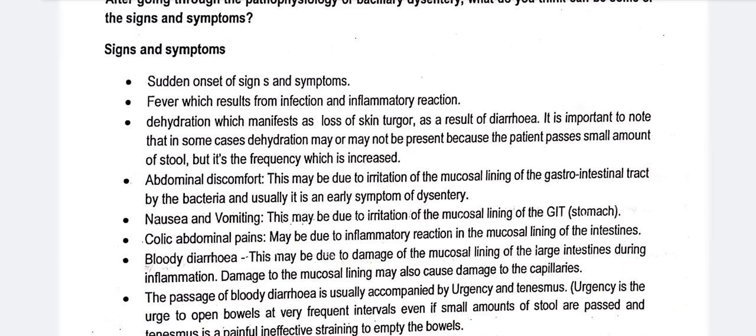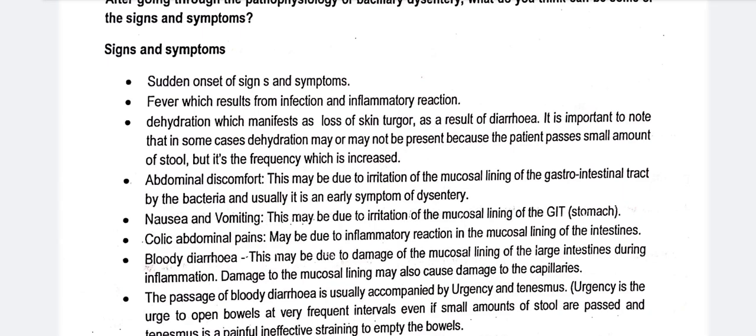Number 1, sudden onset. Is it a sign or symptom? It's just an opening statement, to indicate to you that these signs and symptoms are abrupt.